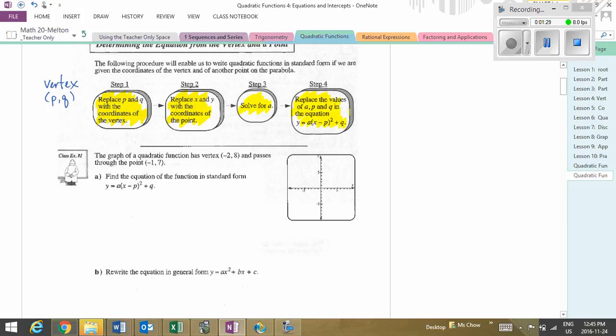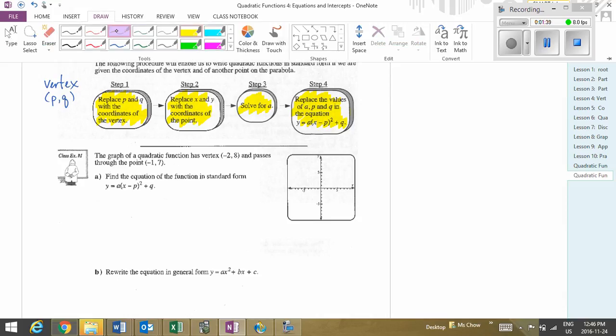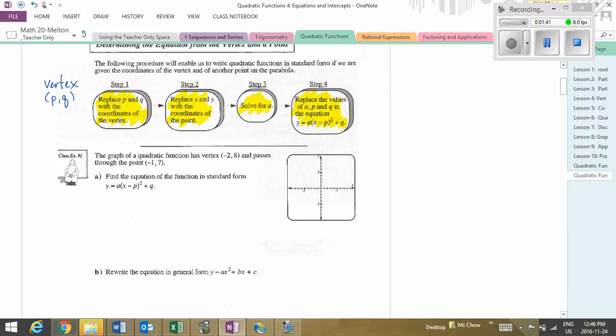So if we take a look at class example number 1, it says that the graph of a quadratic function has a vertex of (-2, 8), and it passes through this particular point. So what we know then is that p is equal to -2, q is equal to 8, and in this particular case we're going to substitute in x is -1 and y is 7.